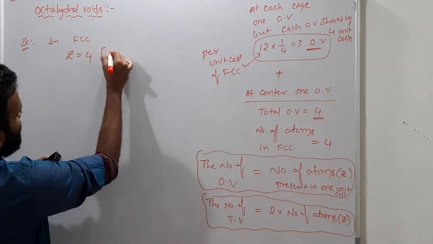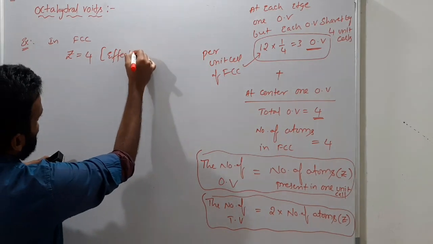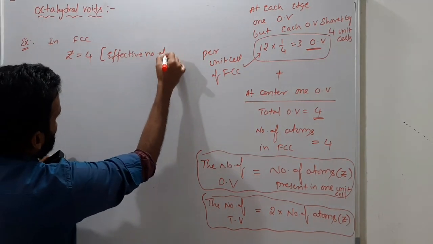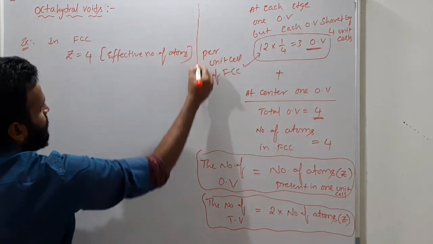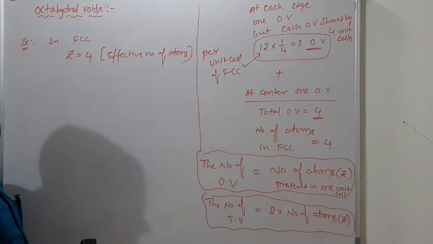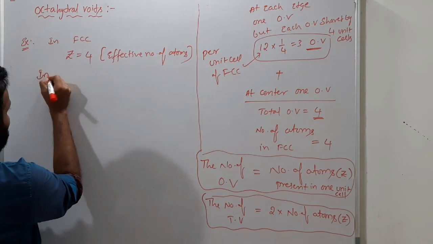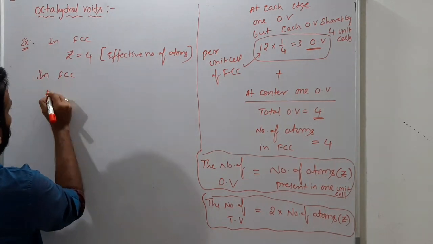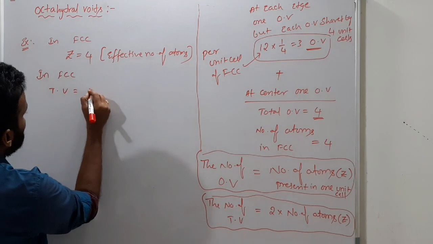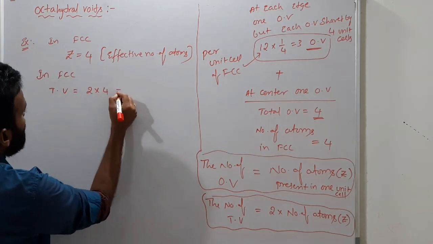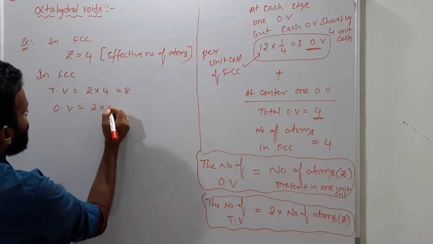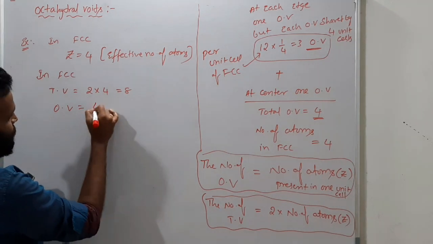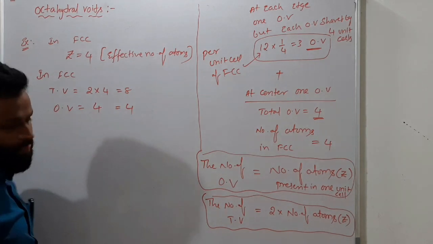Z means the effective number of atoms. So in FCC, tetrahedral voids are 2 into 4, that means 8. Octahedral voids are just 4.